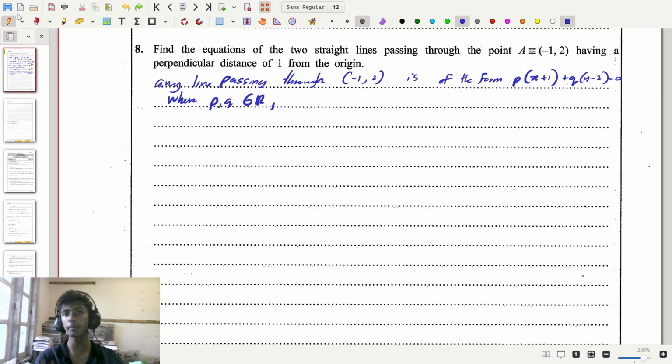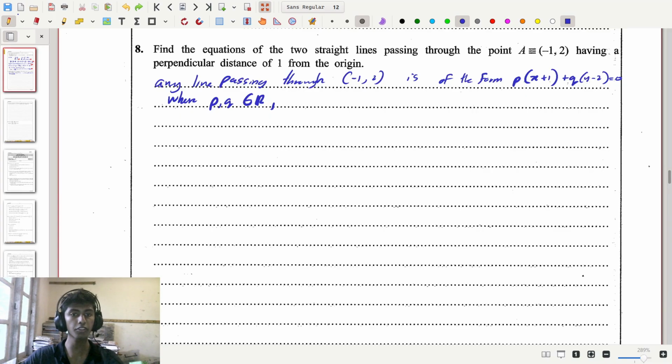Now the physical interpretation for this is that every single point in the coordinate plane would satisfy the equation p times (x plus 1) plus q times (y minus 2) equals 0. Due to this, we cannot have p and q being equal to 0 at the same time.